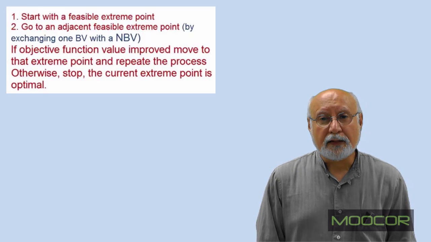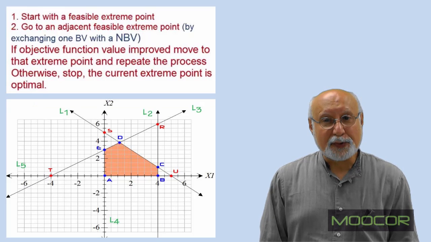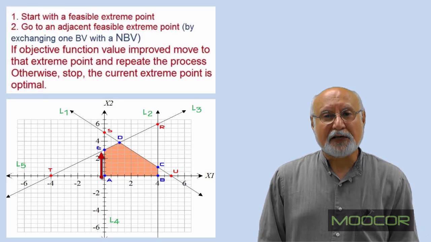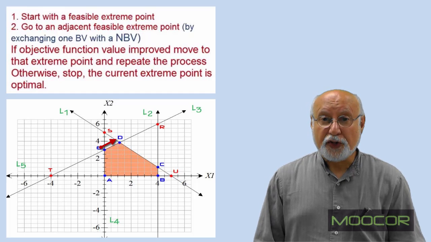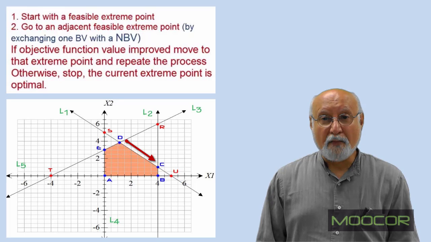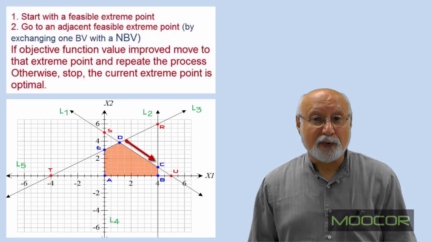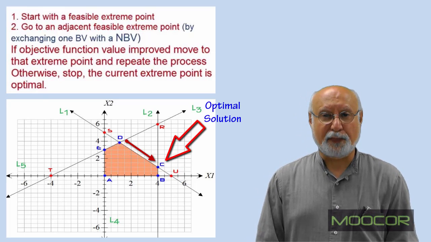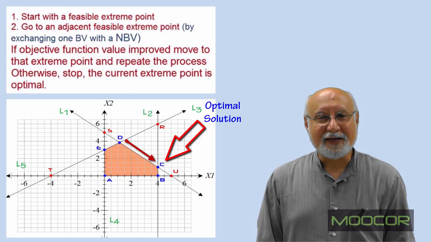In this method, you start from a basic feasible solution and you move to an adjacent basic feasible solution such that the objective function improves. We will continue these movements from one basic feasible solution to an adjacent one until we reach a point that no more improvement is possible.